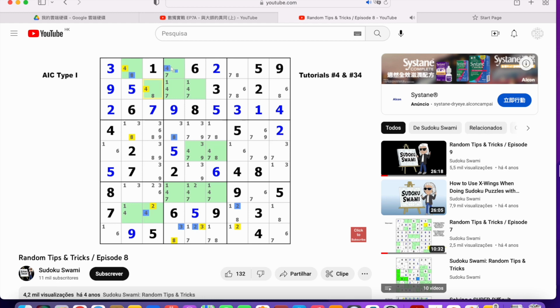So the chain begins on this blue 4 in row 1, and it ends on the yellow 4 in row 2. So here's what the chain looks like.